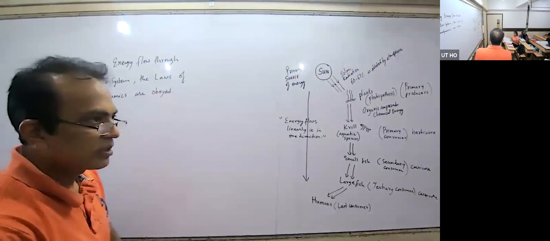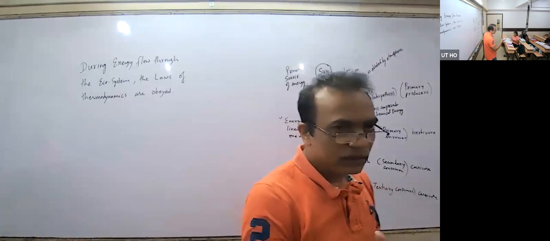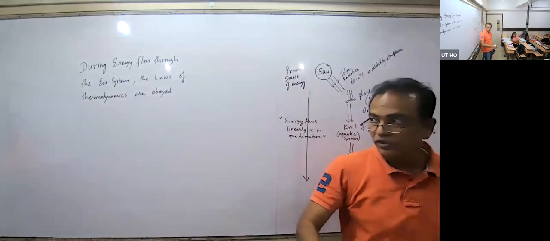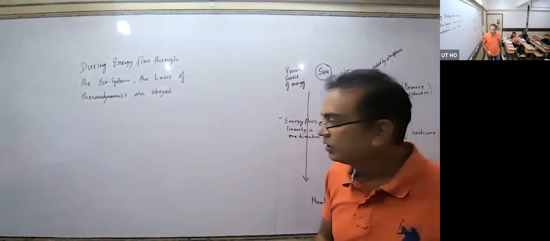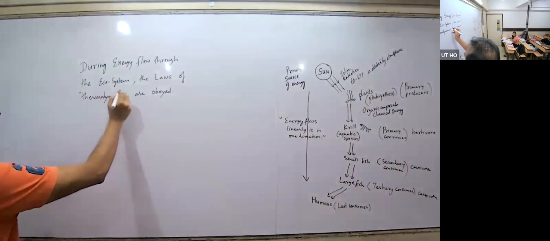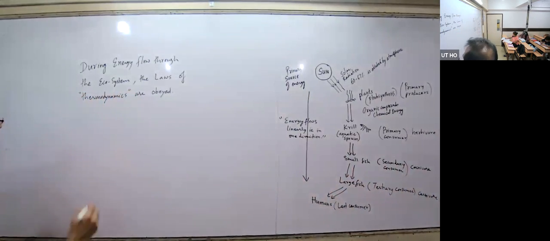What is thermodynamics? Thermo means heat or energy. Dynamics means motion, because it is flowing from the sun to plant to krill. So the energy flow is studied under a branch of physics called thermodynamics. It has two laws.